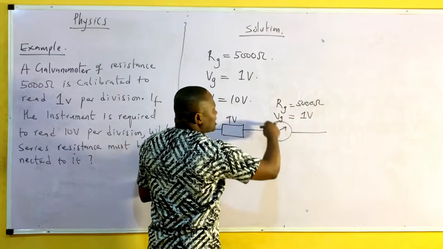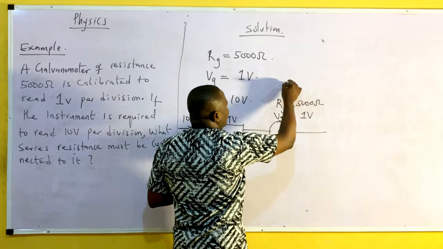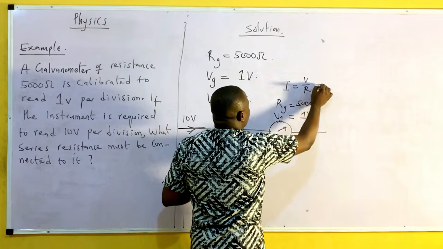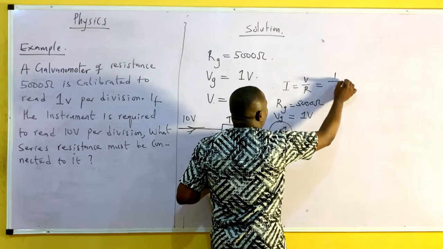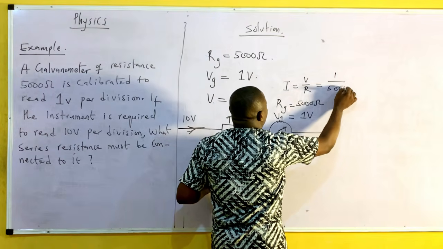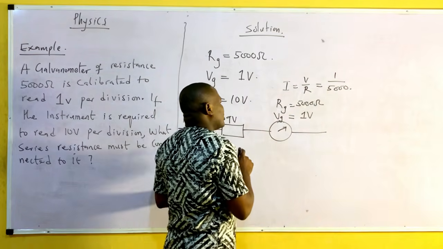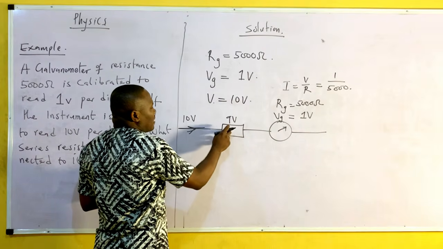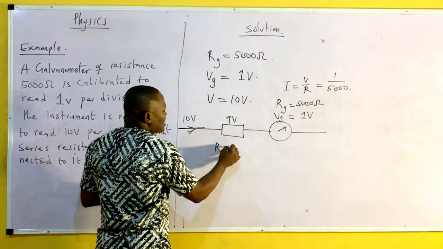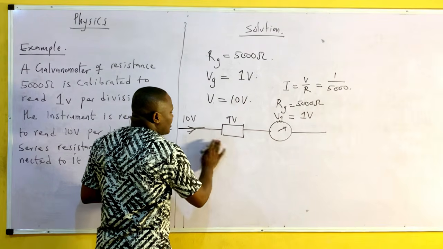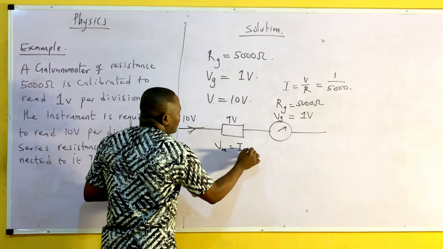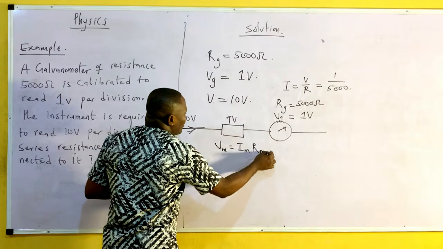So what is the current here? I can say I equals V over R, so what's my V? 1 over 5,000. So that's my current. Now I want to solve for the resistance here. You know that V of the multiplier equals I of the multiplier times R of the multiplier.